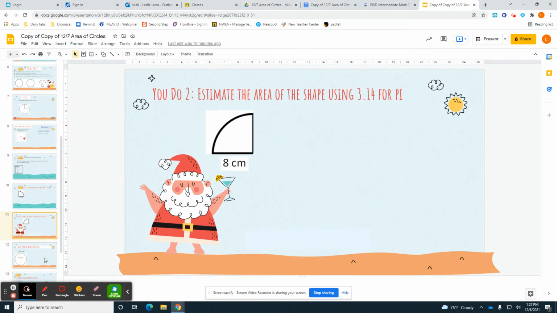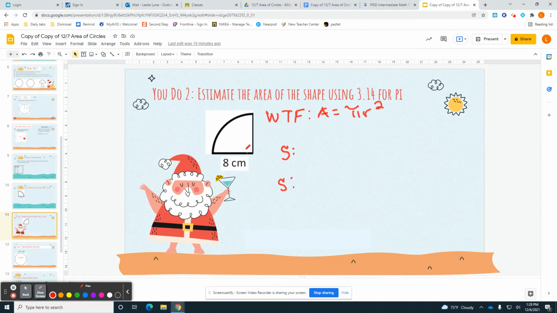All right, this is you do number 2. It says estimate the area of the shape using 3.14. Again, you're going to start with WTF, which is write the formula. You're going to substitute and solve. So WTF, what is our formula? A equals pi r squared.